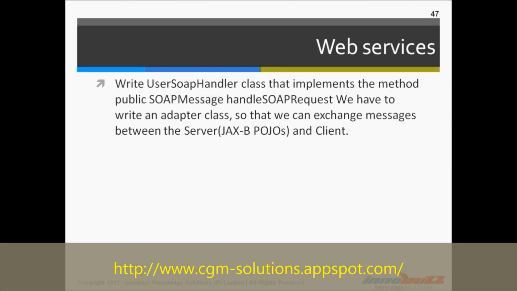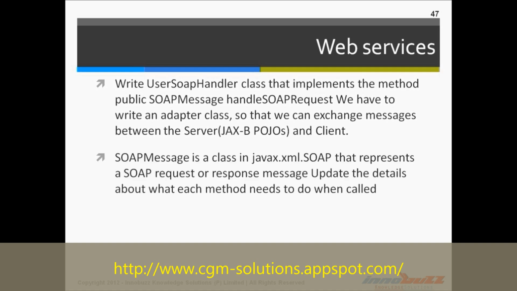Now we need to write a SOAP handler class that implements the method public SOAP message and handles SOAP request. We have to write an adapter class so that we can exchange messages between the server and the client. This SOAP handler class will communicate between the server and the client. And SOAP message is a class in javax.xml.soap that represents a SOAP request or response message.